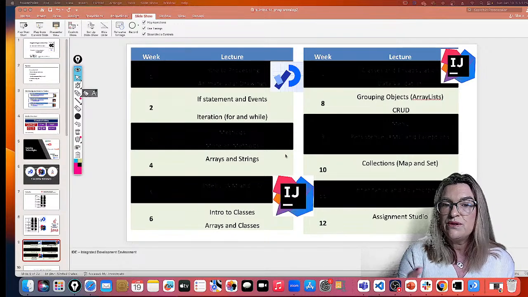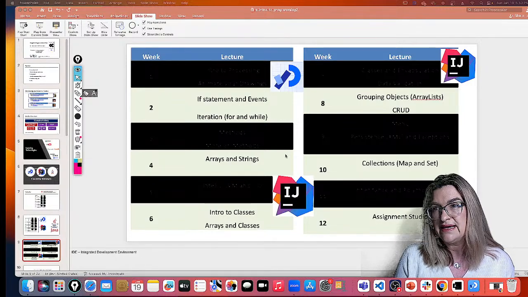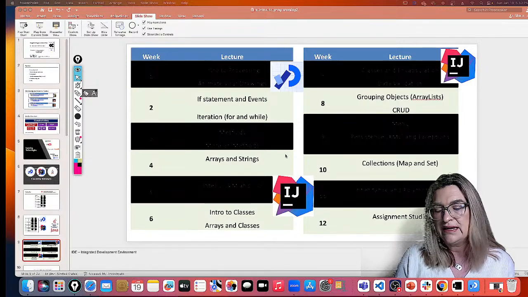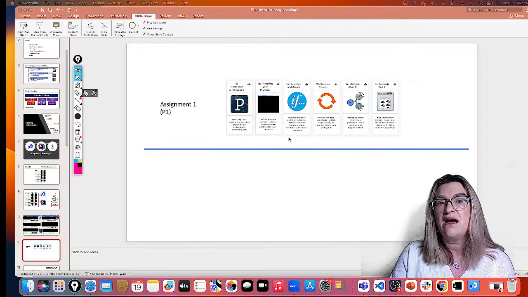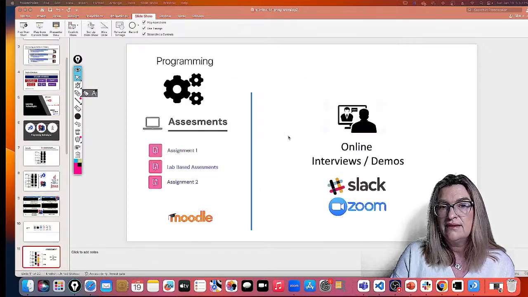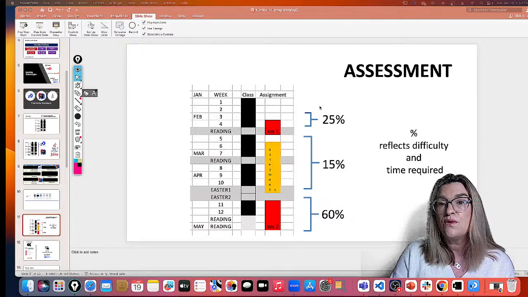And then between week 6 to week 10, we have mini assessments, and they'll help you when it gets to the last assessment. Okay, so again, our assignment 1 is really based on our first 3 weeks work, and it's worth 25%. Our assignment 2 is worth 60%, and then the 3 assessments that we have in here, they're each worth 5%, so in total 15%.